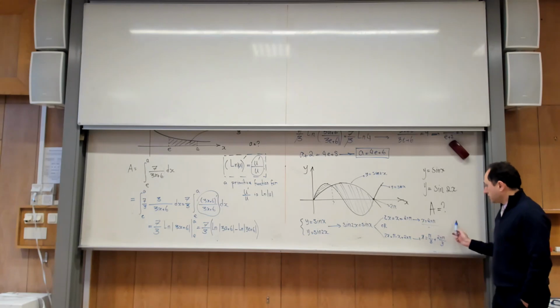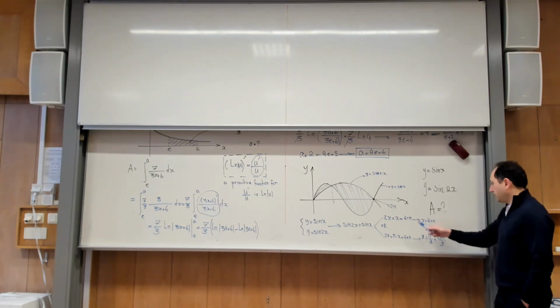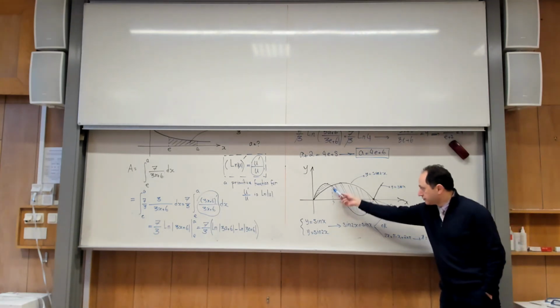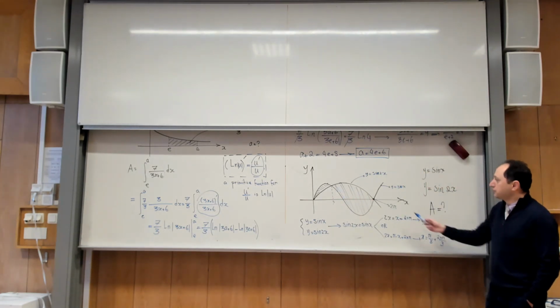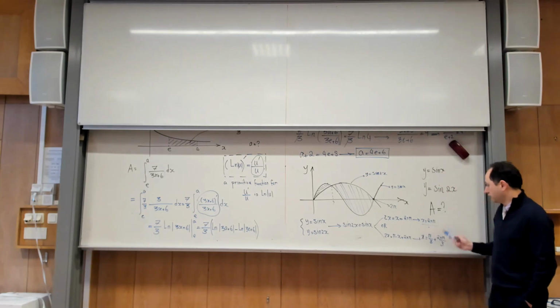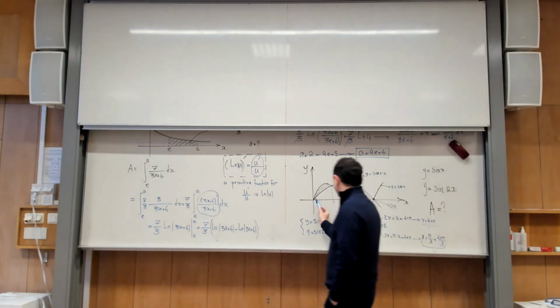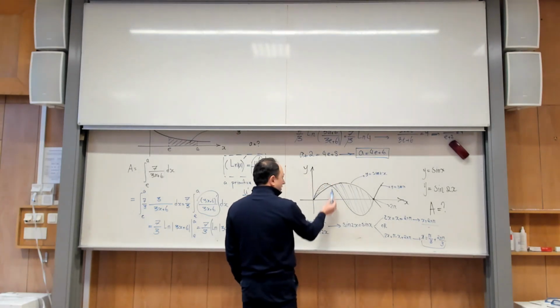If I start increasing n to positive and negative values, I get multiples of 2 pi. But this is not a multiple of 2 pi, yes? So there is no hope to get the question mark here using this formula, so I will get it from this one. And then you see that this is the smallest positive intersection point.